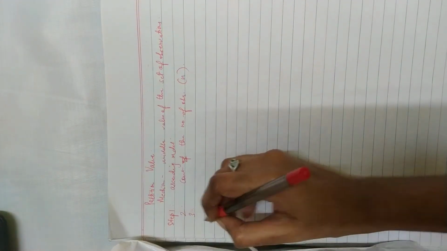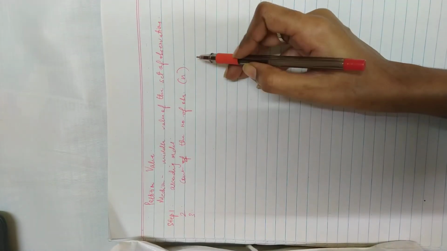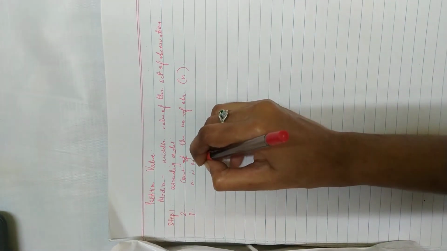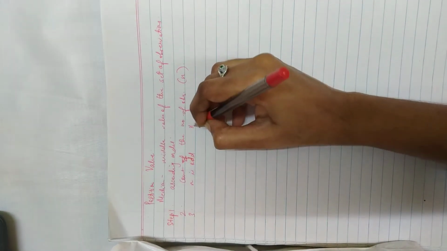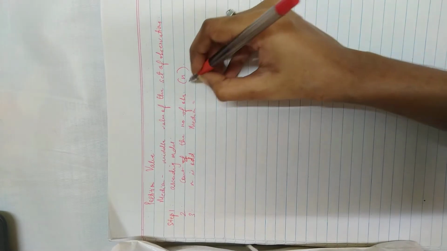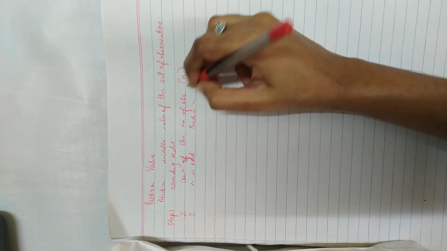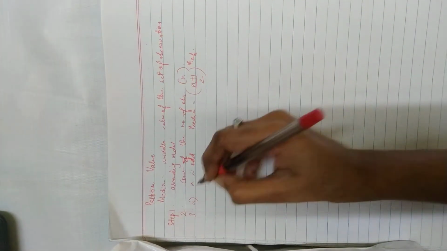For median you have two cases, depending on whether the number of observations is even or odd. Step number 3 differs if n is odd or n is even.